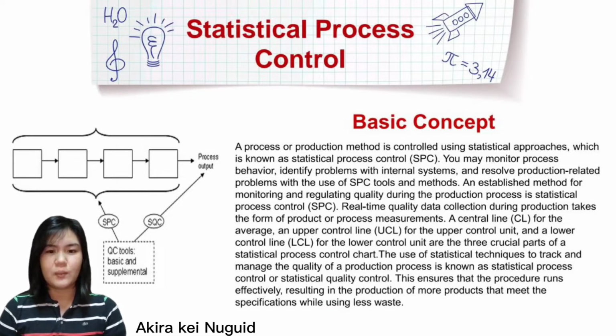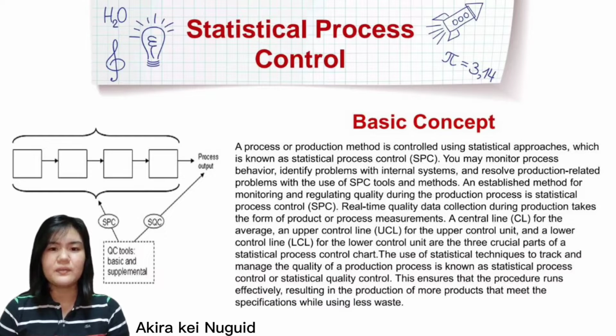The three essential components of a statistical process control chart are the central line, which is known as CL, for the average, the upper control line, UCL, for the upper control limit, and the lower control line, or LCL, for the lower control limit.